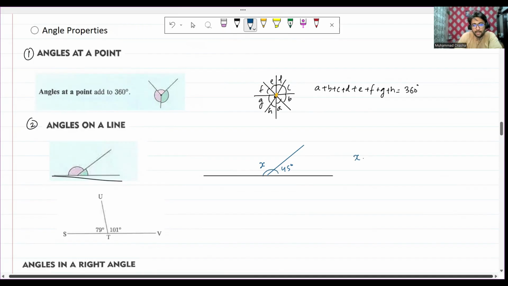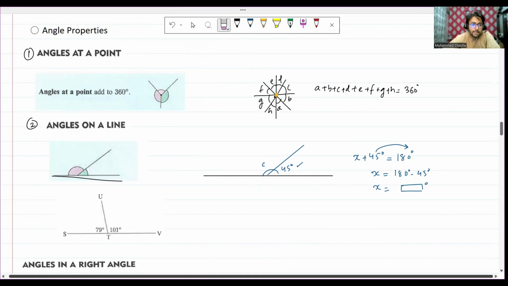So X is one angle, the other angle is 45 degrees. If you add them, you're going to get 180 degrees. So you can isolate X, 45 over to the other side becomes negative 45 degrees, 180 minus 45 degrees. Once you work that out, that's going to be the angle of X.